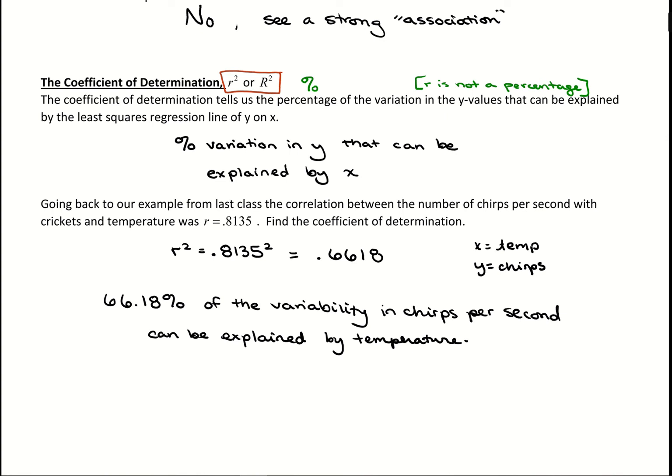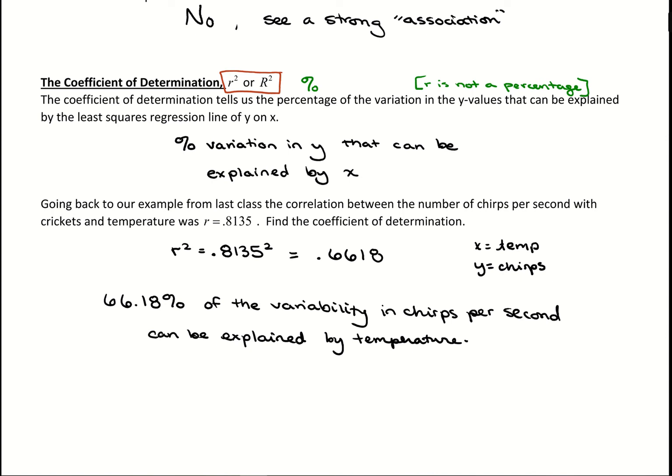So say this had actually calculated to 100%. That would mean how chirps per second changes completely relies on temperature. Then as this percentage decreases, like say that only said 5% of the variability, it's like, okay, chirps per second changes a lot and barely any of it can be explained by temperature.